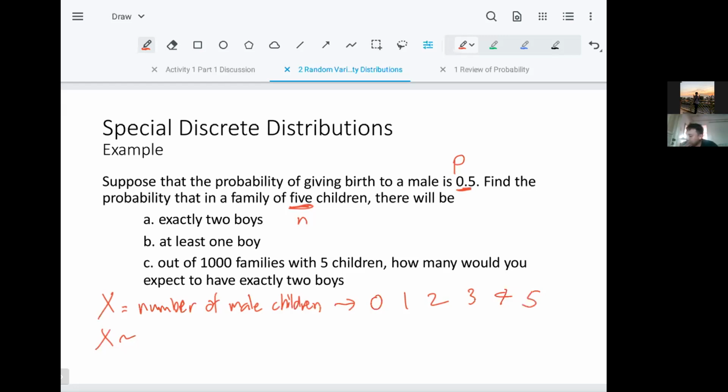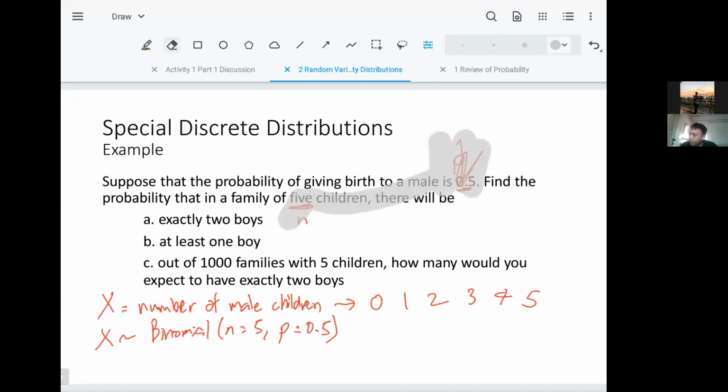So 5 children. So X is binomial, n equals 5, p is equal to 0.5. Kapag establish yan, madali nang sagutin lahat, kasi alam mo na kung anong formula gagamitin mo.